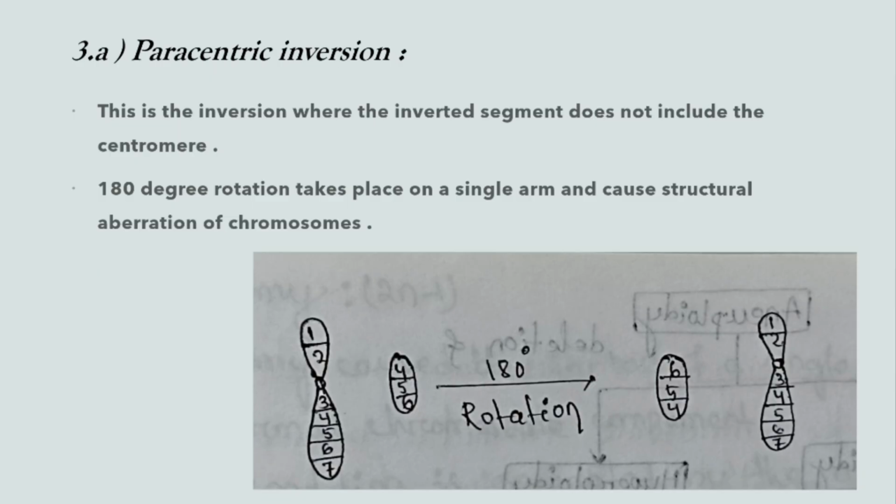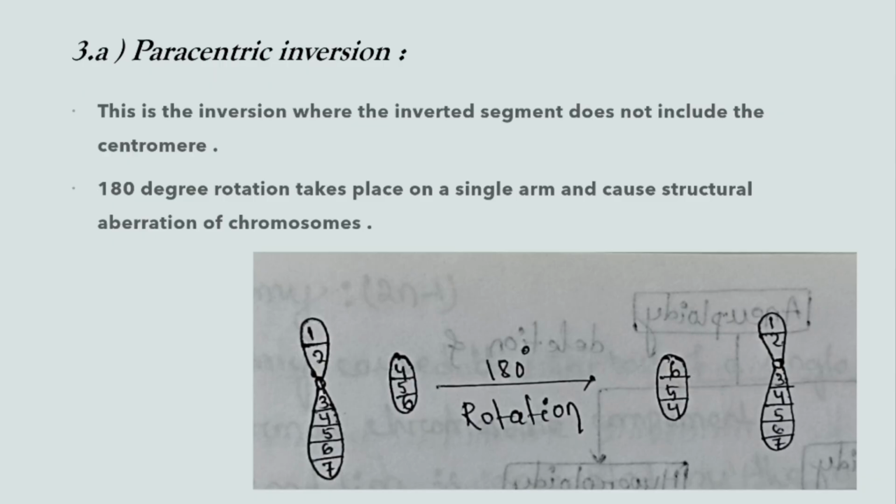So paracentric inversion. These are inversions where the inverted segment does not include the centromere. सेंट्रोमियर वाले पार्ट पे कोई भी ब्रेकेज नहीं होगा और कोई रोटेशन नहीं होगा. एक सिंगल आर्म पे टू ब्रेक्स आएंगे और जो सेगमेंट बनेगा वो सेगमेंट रोटेट कर जाएगा और फिर से रीजॉइनिंग हो जाएगी.